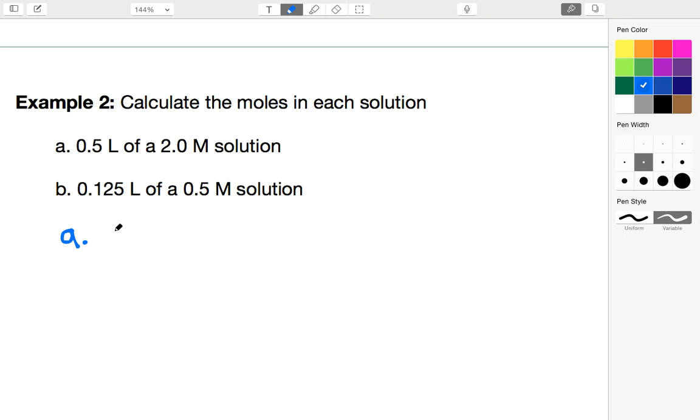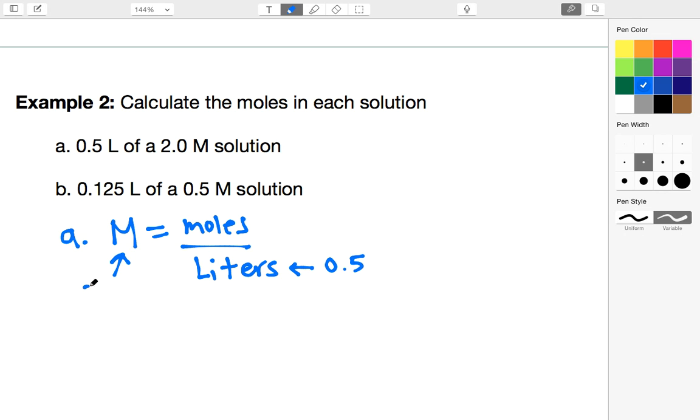Remember that anytime I'm dealing with molarity, I need to know the equation: molarity, or capital M, means moles of solute divided by liters of solution. So in this case, I have 0.5 liters, and my molarity is 2.0 capital M, and I'm looking for moles.